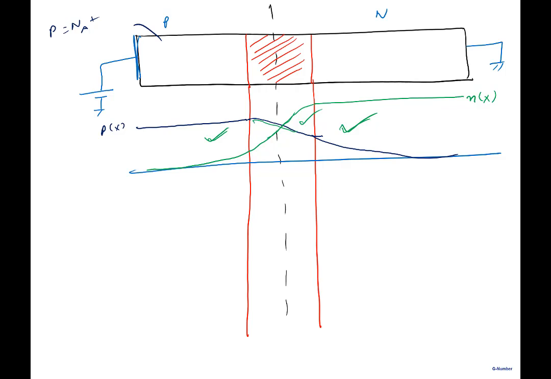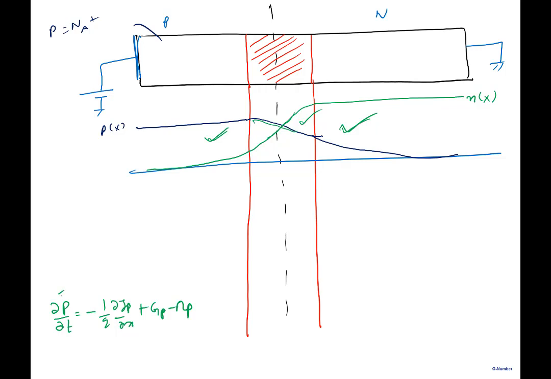And please keep in mind, go back to your equation, del P by del T equal to minus del Jp by del X plus Gp minus Rp, right? We are talking about steady state, correct?